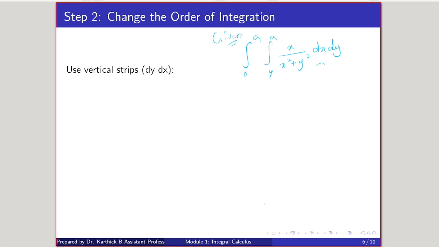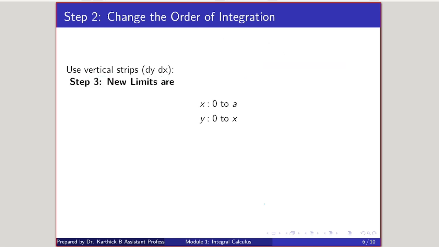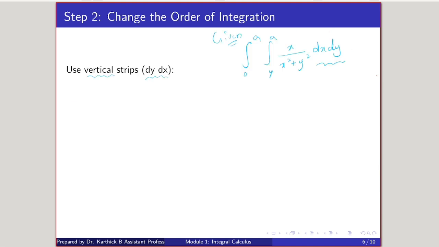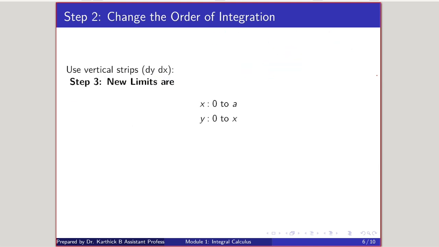So if you see here, it is dx dy, and we have changed it into dy dx. So it is a vertical strip. The new limits, as I said previously, are x varies from 0 to a, and y varies from 0 to x.